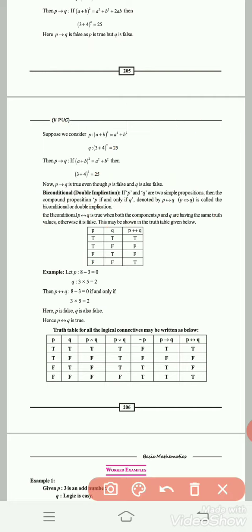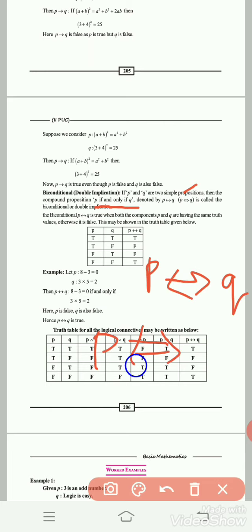If P and Q are two simple propositions, then the compound proposition "P if and only if Q" is denoted like this: P double implies Q, or P with two-line arrow. P double implies Q is called the biconditional or double implication.